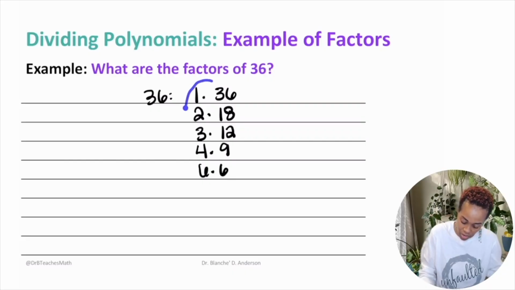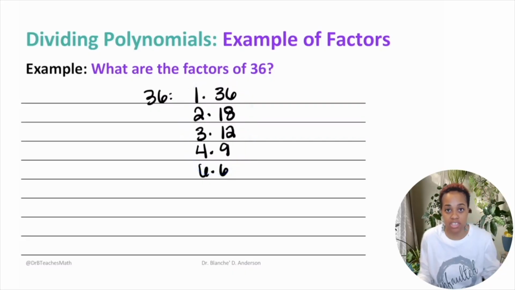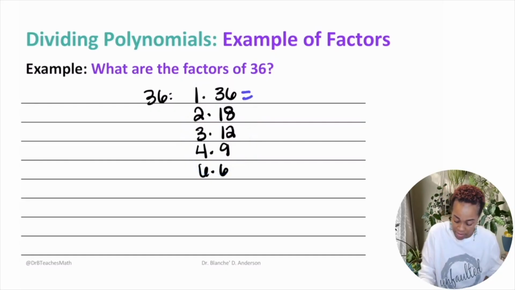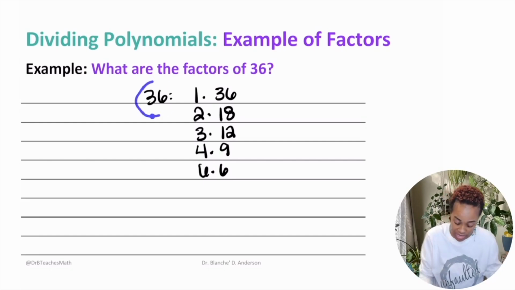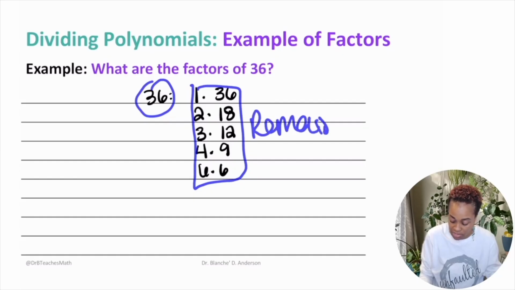So these are all the factors of 36 because when I multiply them together, I get 36. And look how many factors they have: 1, 2, 3, 4, 5, 6, 7, 8, 9, 10. Those are 10 factors. So again, it's the numbers that when you multiply them together give you the number that you're looking at. And that means when I take 36 and divide it by any of these factors, the remainder is going to be 0. It divides it evenly.